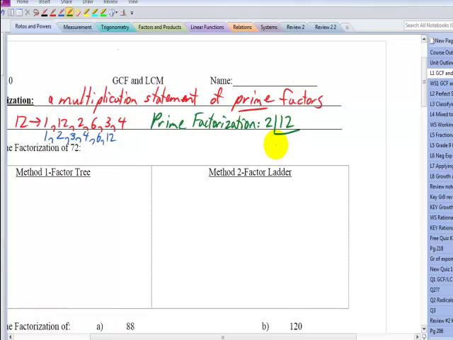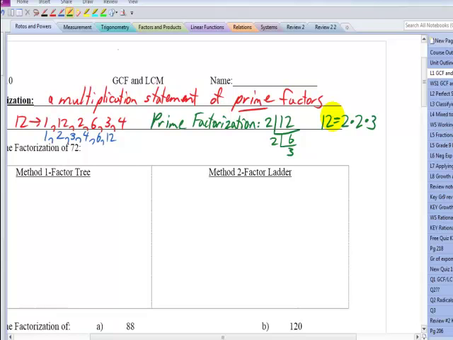So we divide 12 by 2, we get 6. Divide 6 by 2, we get 3. And now we have prime factors on the outside of the ladder, 2, 2, and 3. So 12 equals 2 times 2 times 3. Okay? So that's the prime factorization.